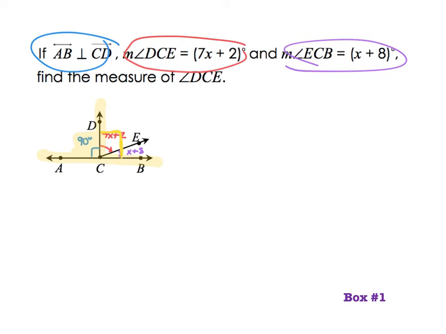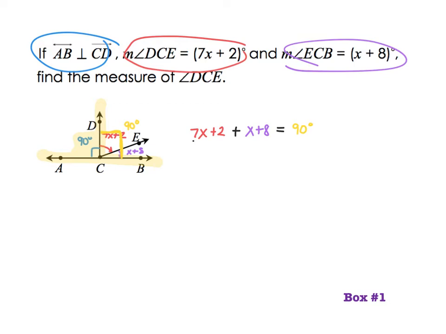That means that that red and that purple, if I put them together, they equal 90 degrees. That's what they're telling us, okay? So keep that in mind. So that means that if I have 7x plus 2 plus the purple, which is x plus 8, that is equal to 90 degrees.